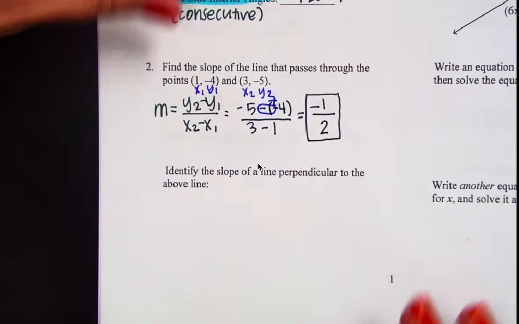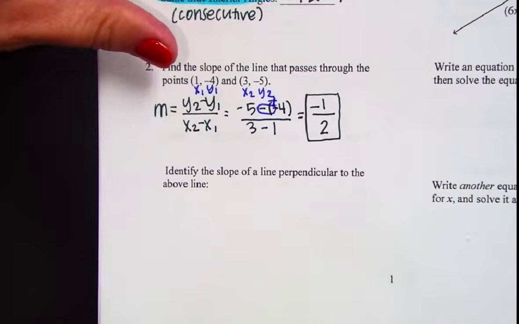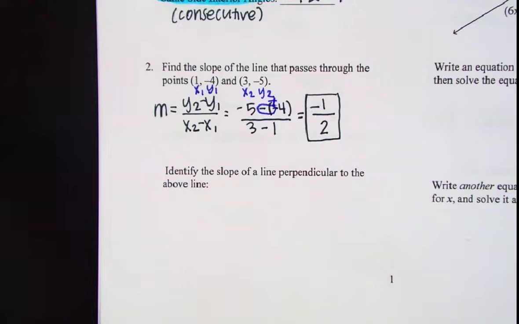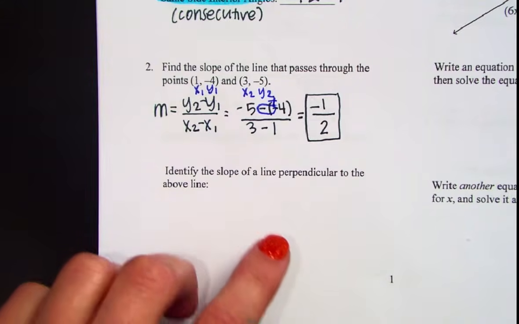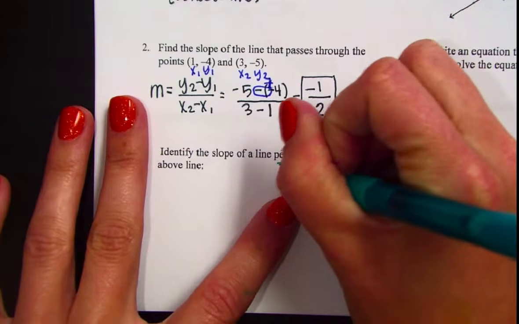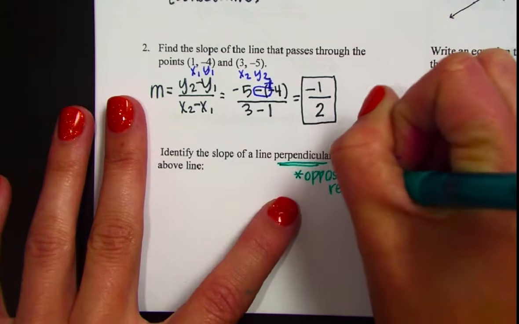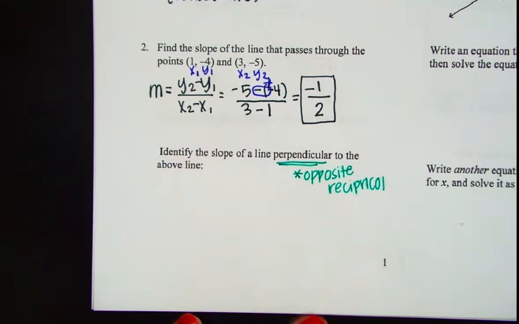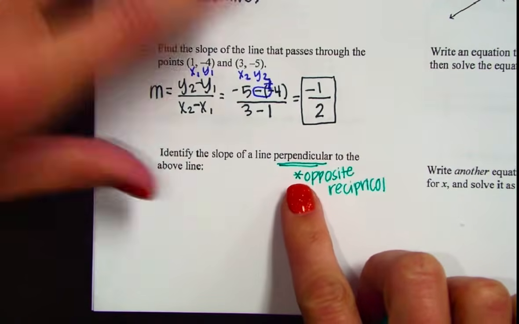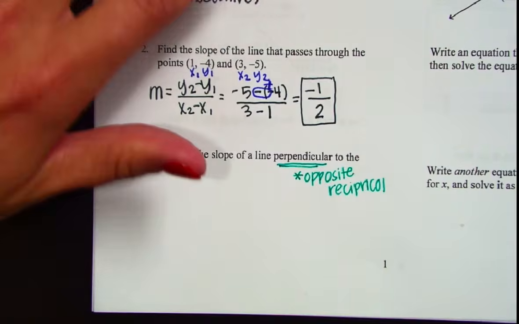We're going to identify the slope of a line that is perpendicular to the line above. So we need to remember that perpendicular means the slopes are opposite reciprocals of one another. So an opposite reciprocal means that we're going to change the sign. So this is going to become positive, and then the reciprocal means we're going to flip the fraction.